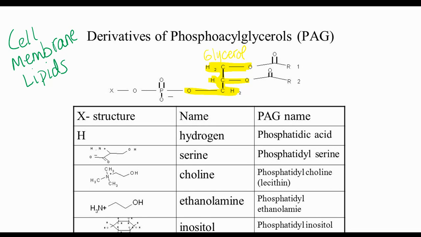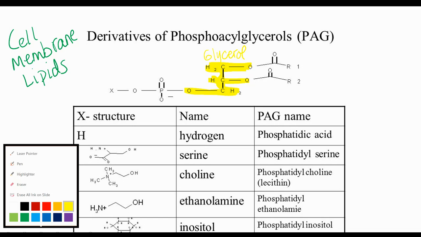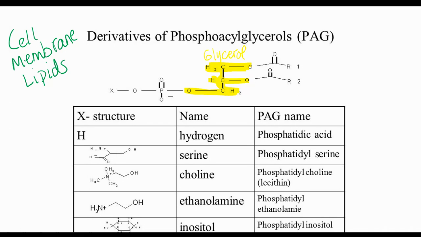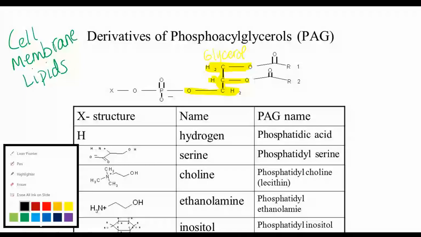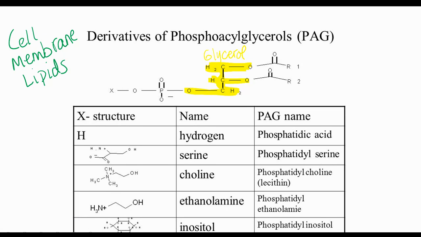We still have 2 fatty acids. So you have fatty acid 1. Oh, shoot. Sorry, guys. When I switch too many colors and I have too much going on. So fatty acid 1 and fatty acid number 2.